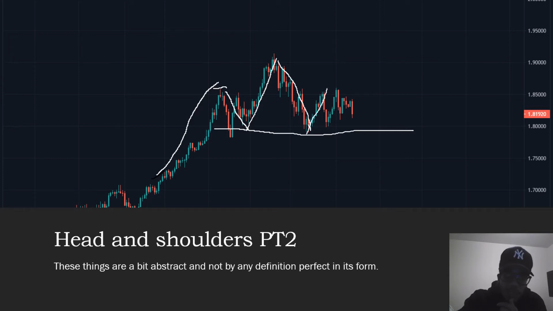Then we have another move upward, creating a lower high, because it is not higher than the head. We would then wait till it comes down to the neckline again, breaking through, confirming the head and shoulders pattern, where we would then take it.